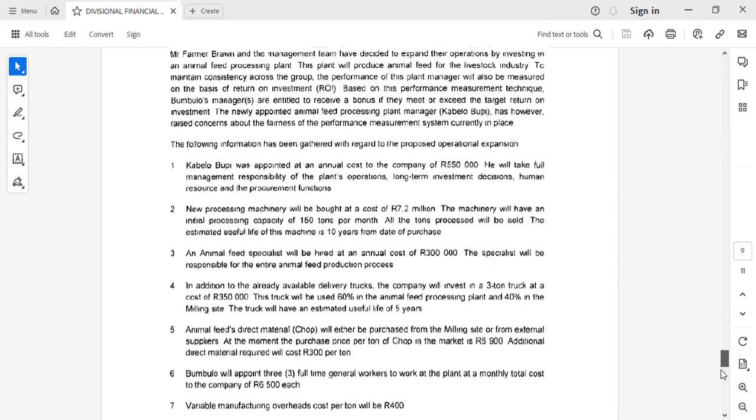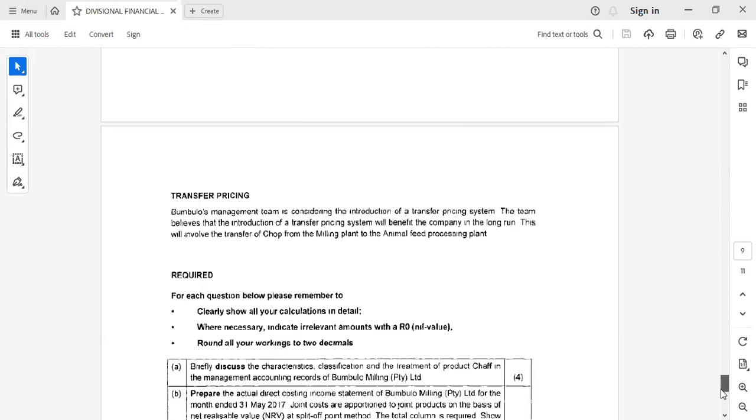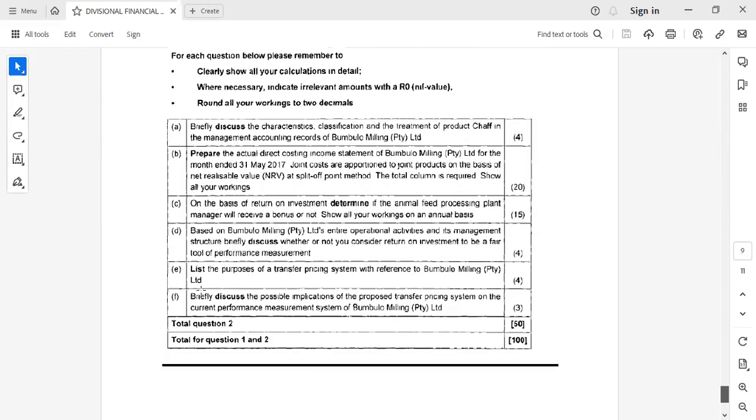Right. I want us to look at this one. Part C. On the basis of return on investment, determine if the animal feed processing plant manager will receive a bonus or not. So now, normally when they ask you such a question, there will be a targeted performance in terms of that return on investment.